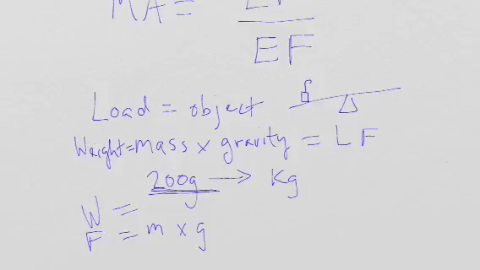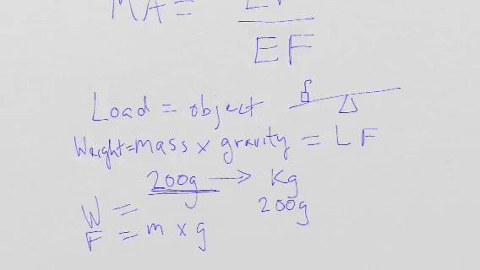So if I've got 200 grams and I want to change it to kilograms, okay, if I'm going from something that is small to something that is bigger, because a kilogram is bigger, and it's 3 hops away from grams, because we go gram to decagram, decagram to hectogram, hectogram to kilogram.